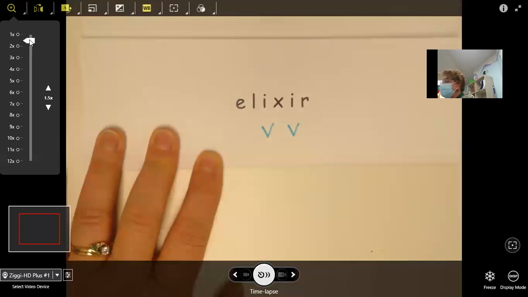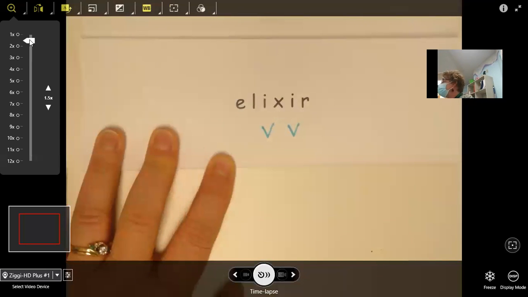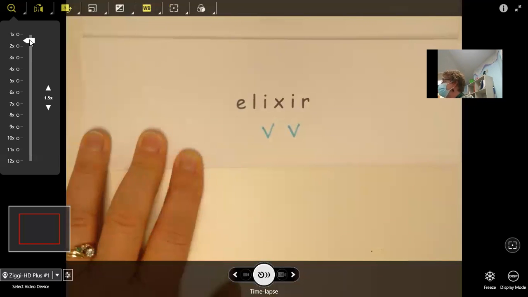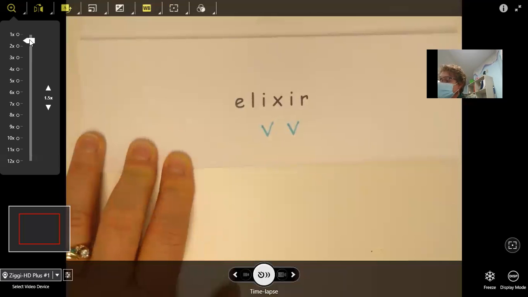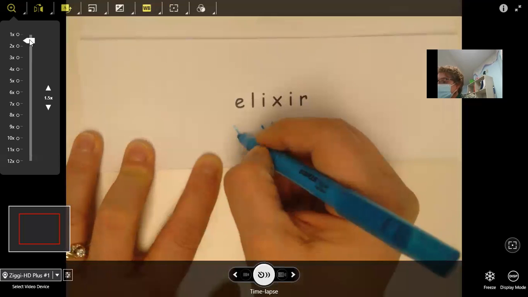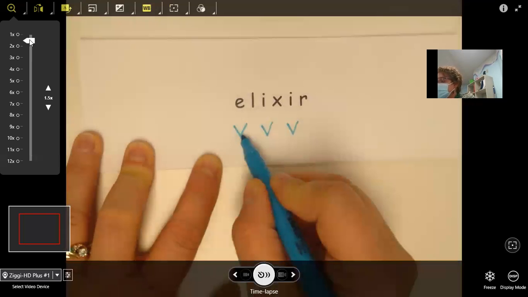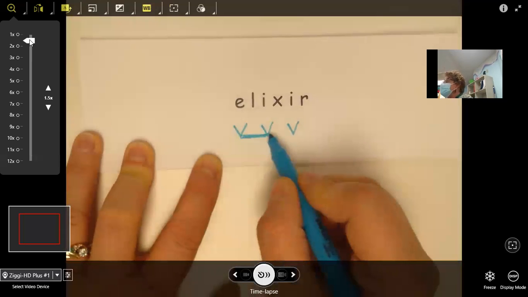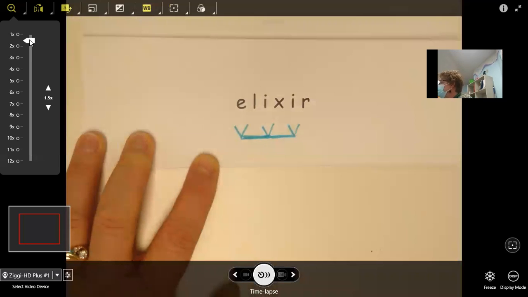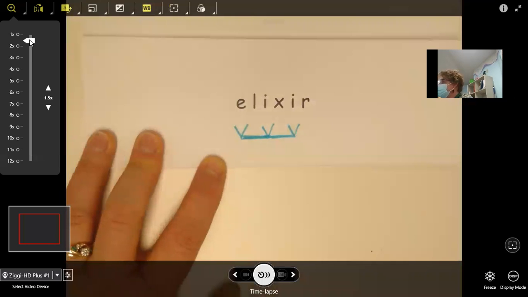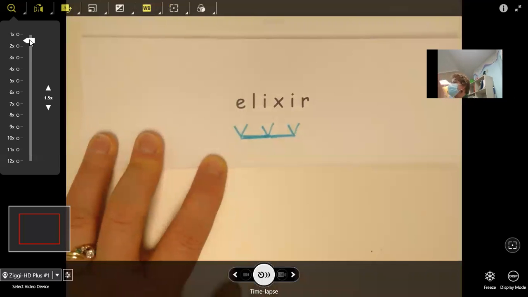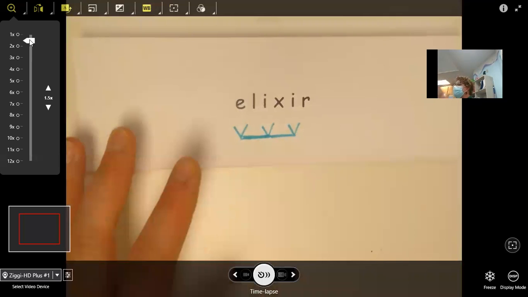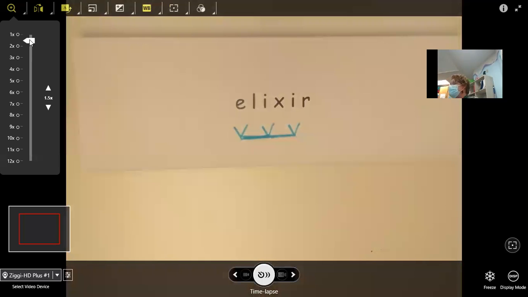Wait, we're not done yet. Well, okay, there are some vowels. There's another vowel in there. Ah. And then yes, I can bridge those two, and I can bridge those two. So this one's going to be 3 syllables. That's why it's tricky. This one's going to be 3 syllables. I did trick you on this one. It's a hard one.